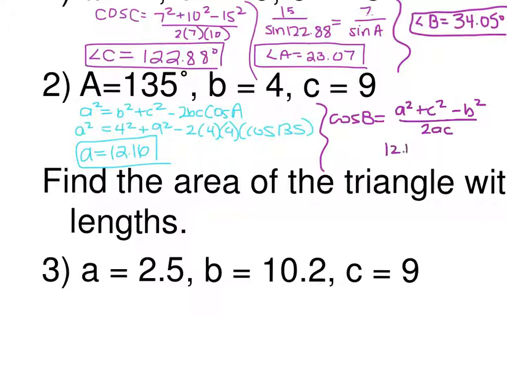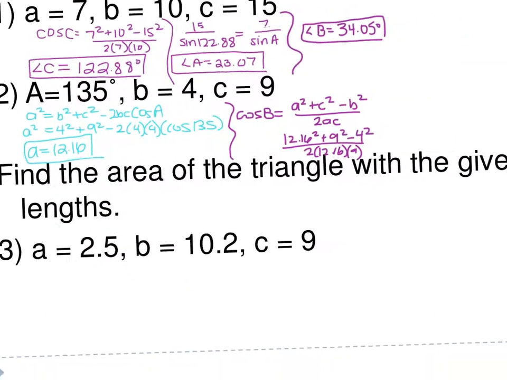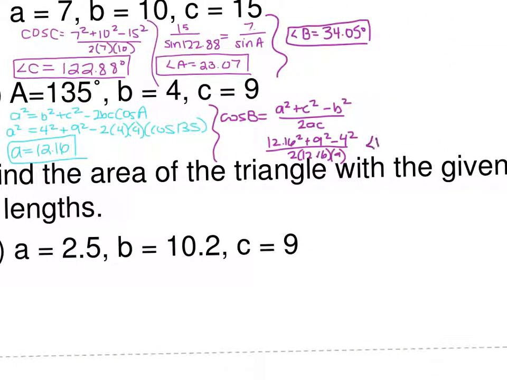So 12.16 squared plus 9 squared minus 4 squared over 12.16 times 9. This time you had to use that A either way, the rounded one, so there's not really a benefit to doing one over the other. So I get 13.46.